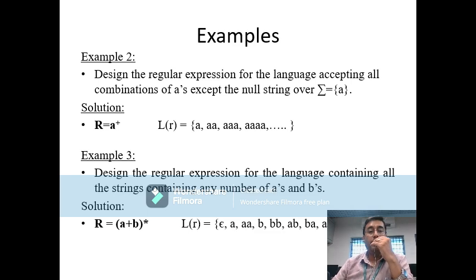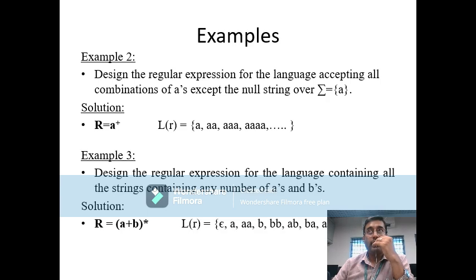Next, example 2: design the regular expression for the language accepting all combinations of a's except the null string. So over here the null string should not be coming. All combinations of a's, but we have to avoid that epsilon symbol at the starting.